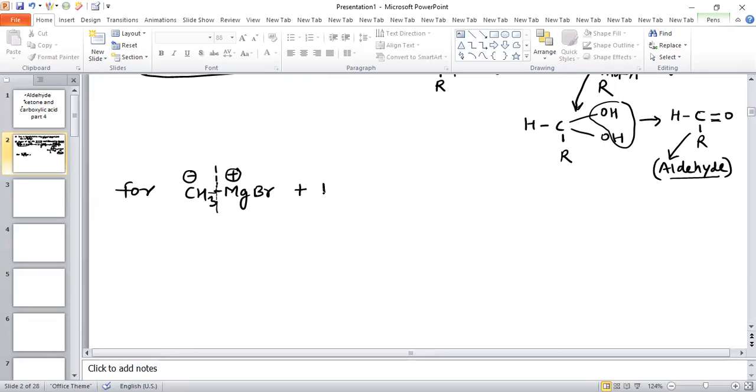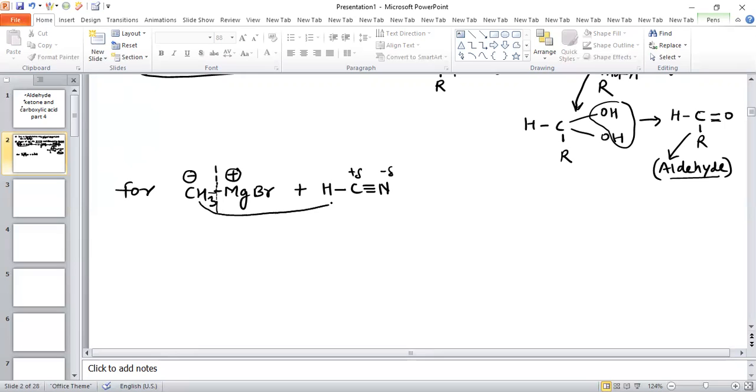The reaction with HCN, this is HC triple bond N. Now what happens in this case? This CH3 minus, because this carbon is electrophilic and this nitrogen is partially negative.